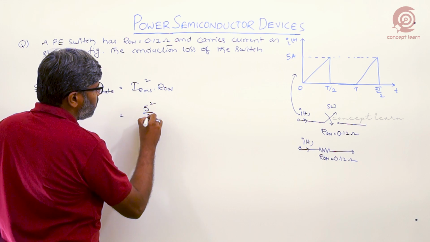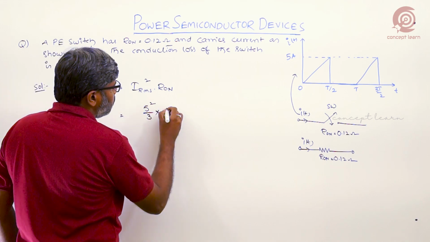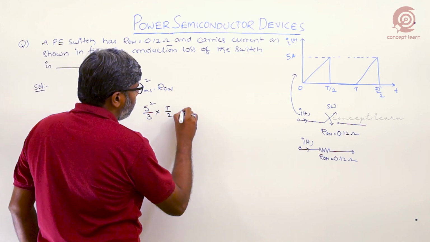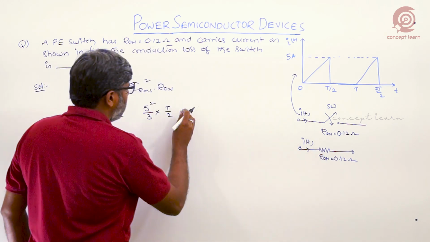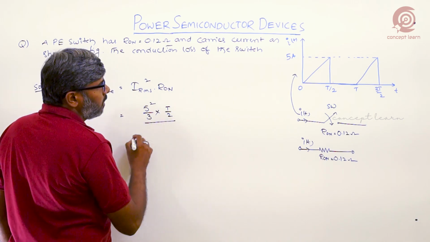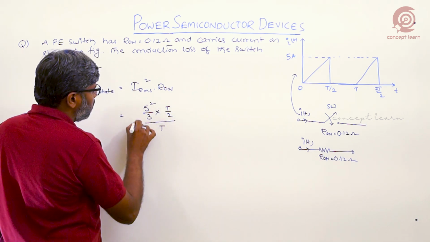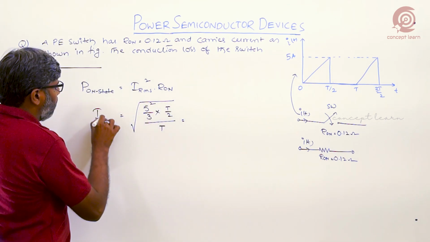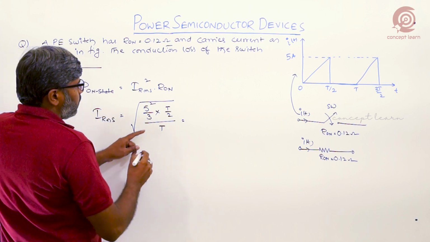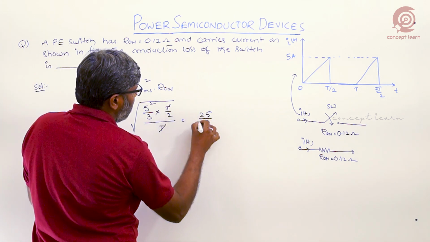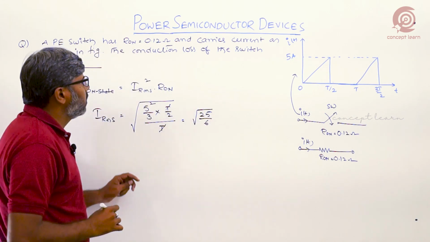I RMS is the square root of 5 squared by 3 into T by 2, divided by the total time period T. This is the I RMS. So how much do you get here? T will be cancelled, giving 25 by 6.